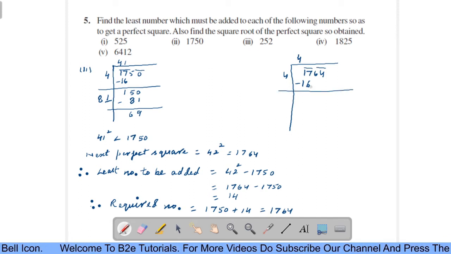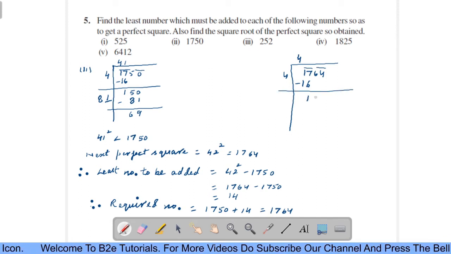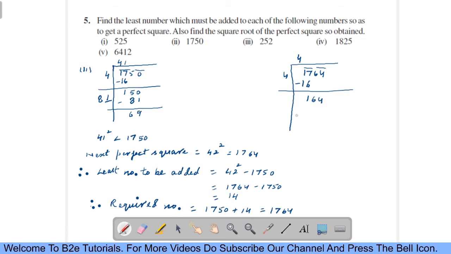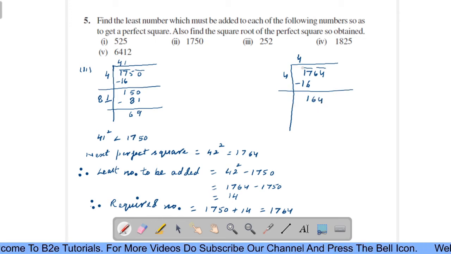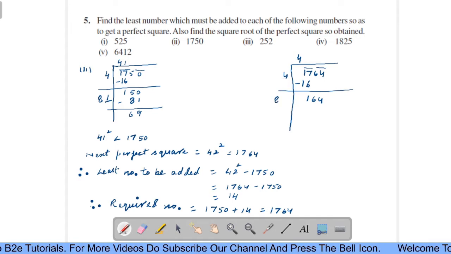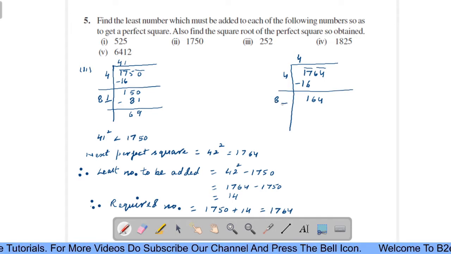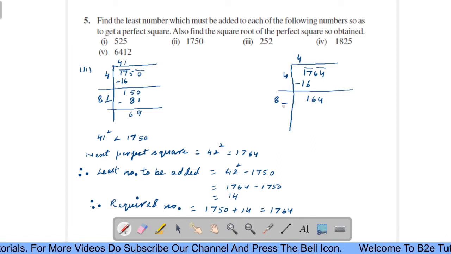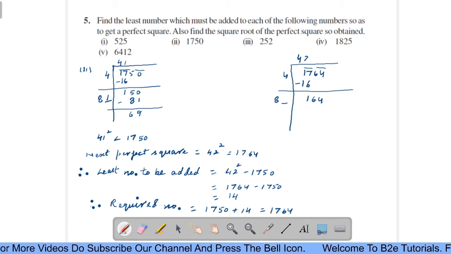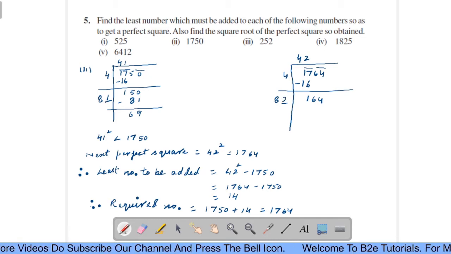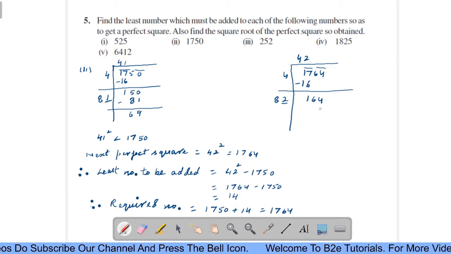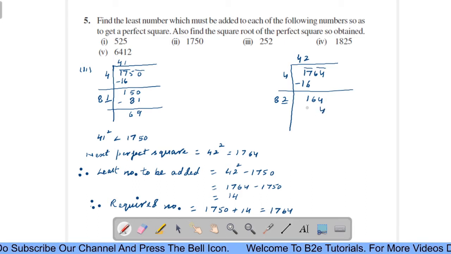Subtract it. You will get 1. Bring down the second pair. It is 64. The number becomes 164. 4 plus 4, 8. Put a dash here. What will come here in the dash? It will be 2. Write down 2. Multiply 82 into 2. You will get 164.